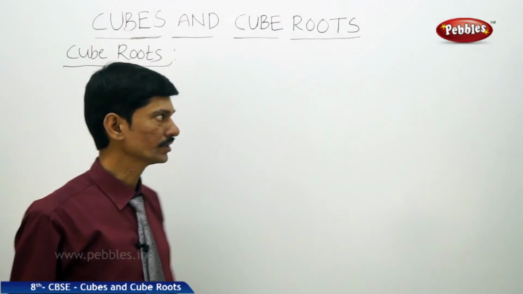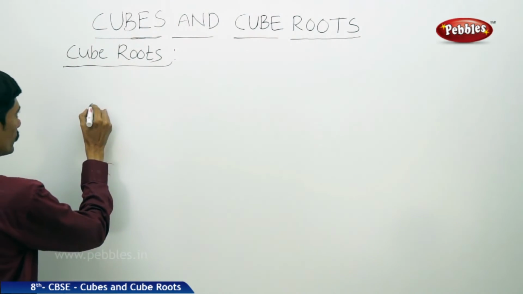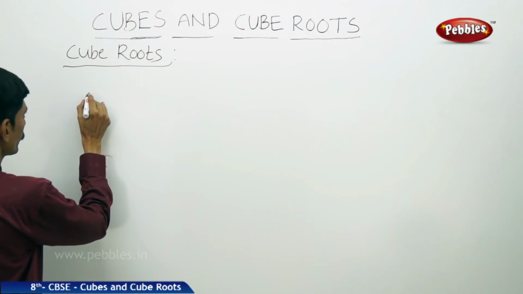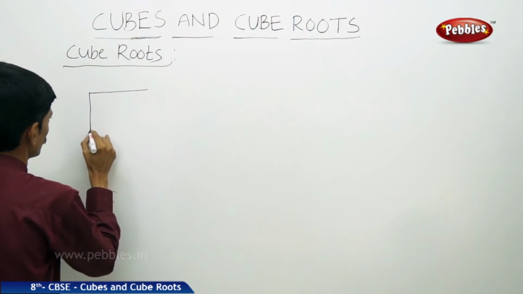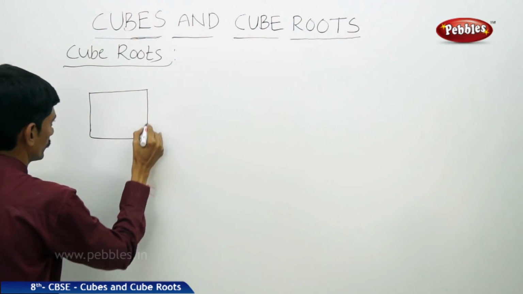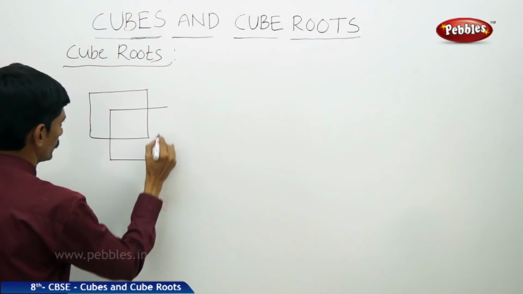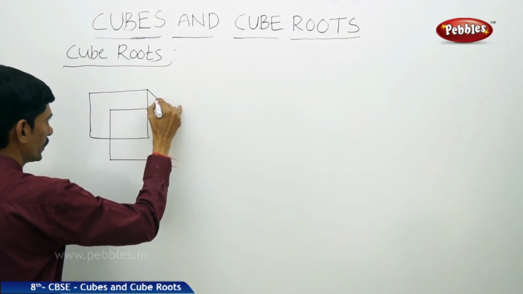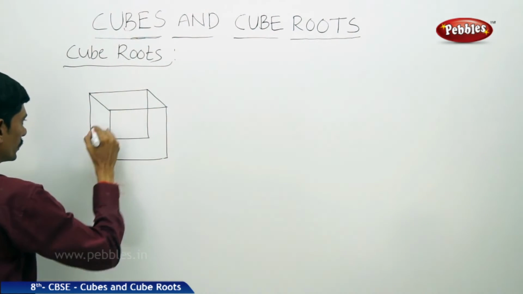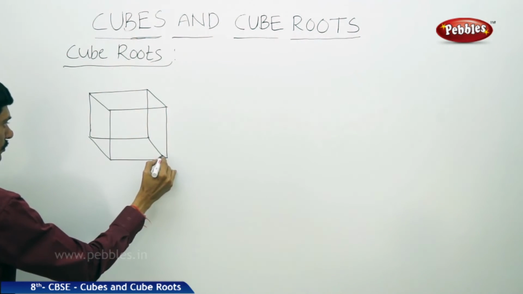Now the next topic is cube roots. Consider a cube whose volume is 125 centimeter cube. Then what is the side of the cube?